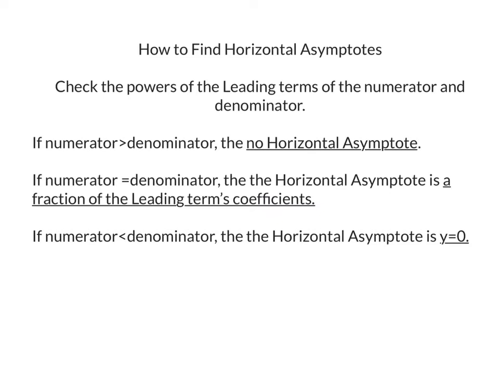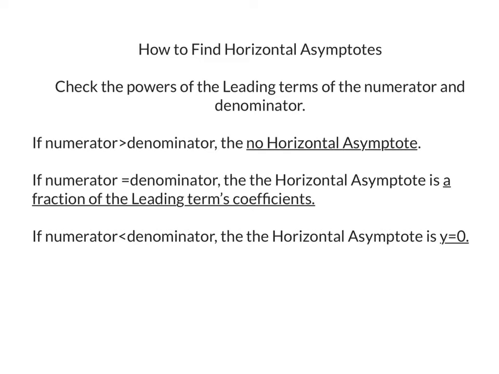To figure out horizontal asymptotes, you check the powers of the leading terms of the numerator and denominator. If the numerator is greater than the denominator, there's no horizontal asymptote. If the numerator is equal to the denominator, then the horizontal asymptote is a fraction of the leading terms' coefficients. And if the numerator is less than the denominator, then the horizontal asymptote is y equals 0.